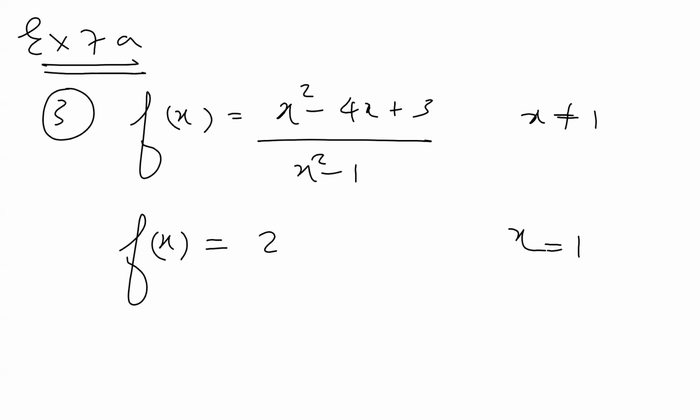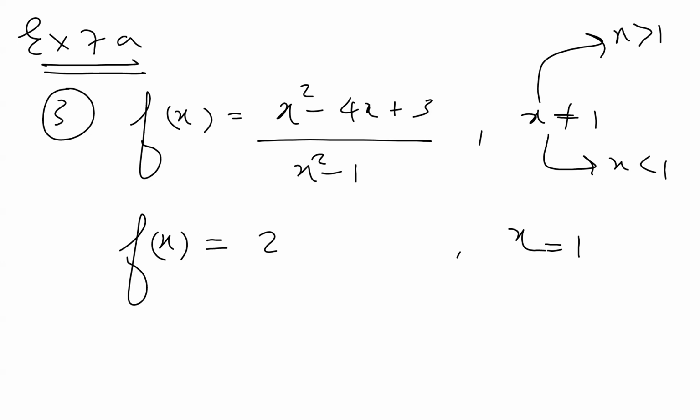So we need to test the continuity at 1. Not equal to 1 means greater than 1 as well as lesser than 1. So we have to discuss the continuity at x equal to 1.